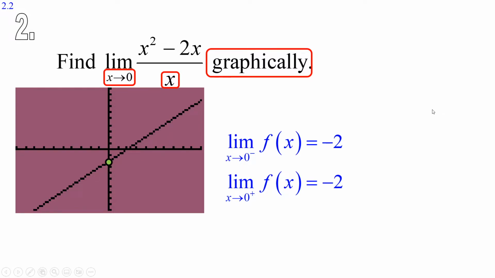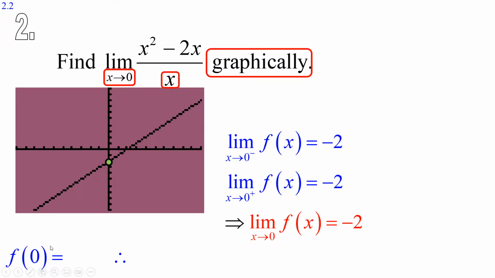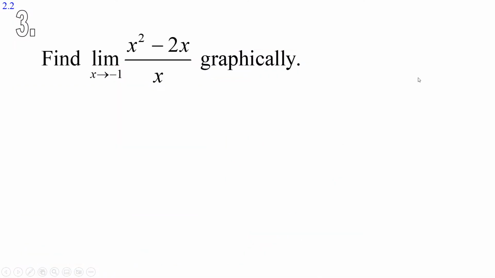Since the left-hand limit equals the right-hand limit, we can make the statement, the limit of f of x as x approaches 0 appears to be negative 2. And a little statement down here that is not necessary: f of 0 does not exist, so we do know that f is not a continuous function. But all they ask you to do is find the limit over here. I'm just taking more advantage for more learning.